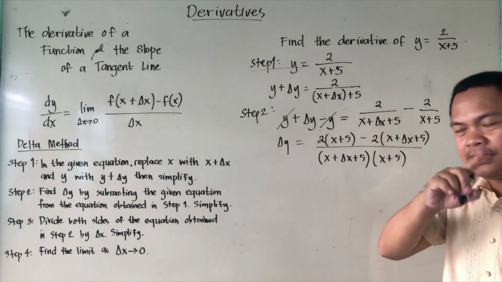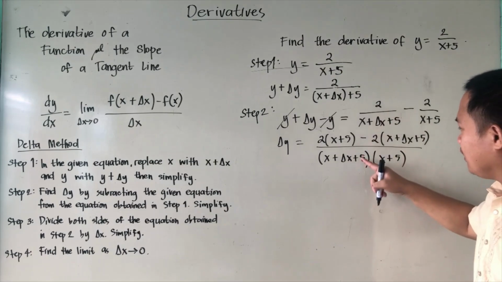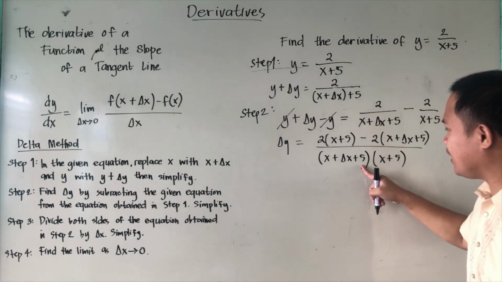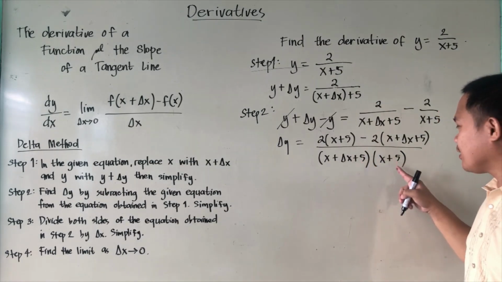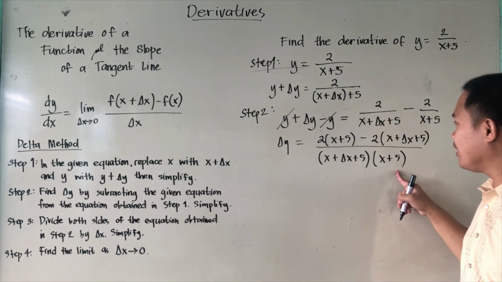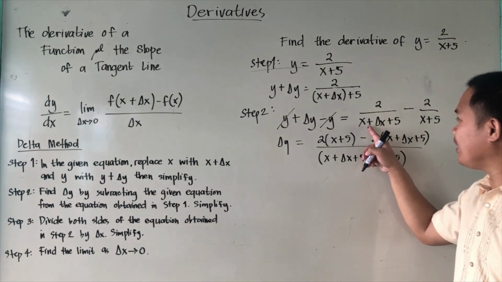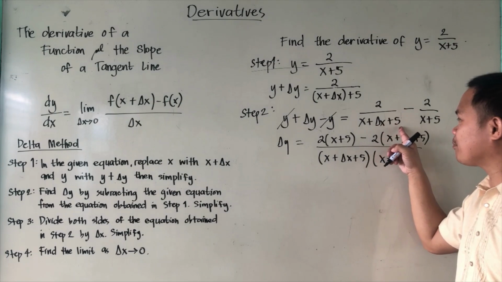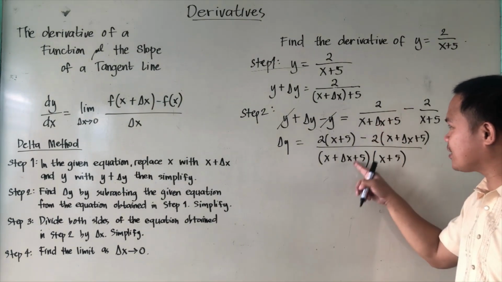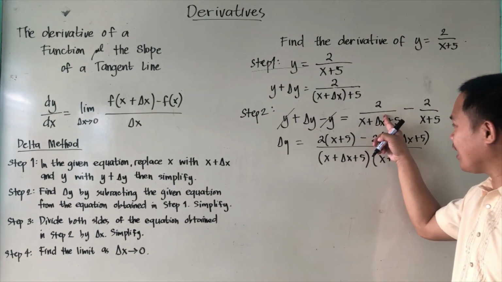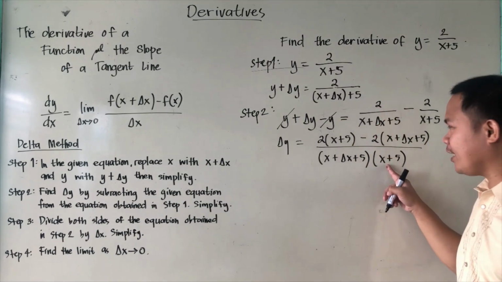So, listen well. x plus delta x plus 5 times x plus 5 divided by x plus delta x plus 5. You need to cancel this. What is left? This, 2 and x plus 5.